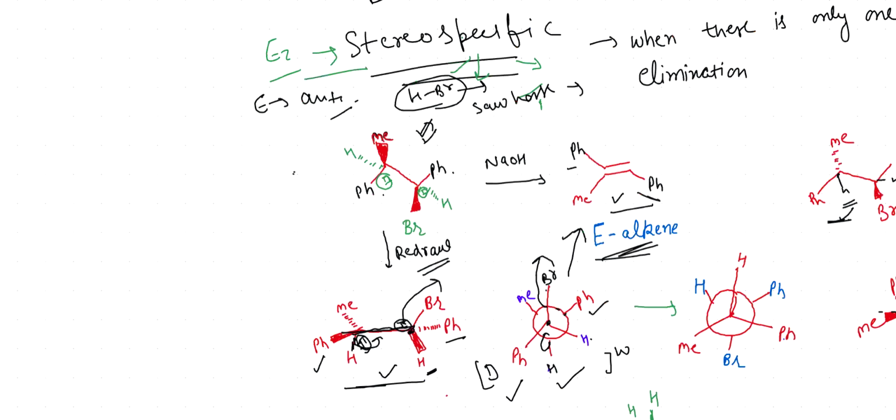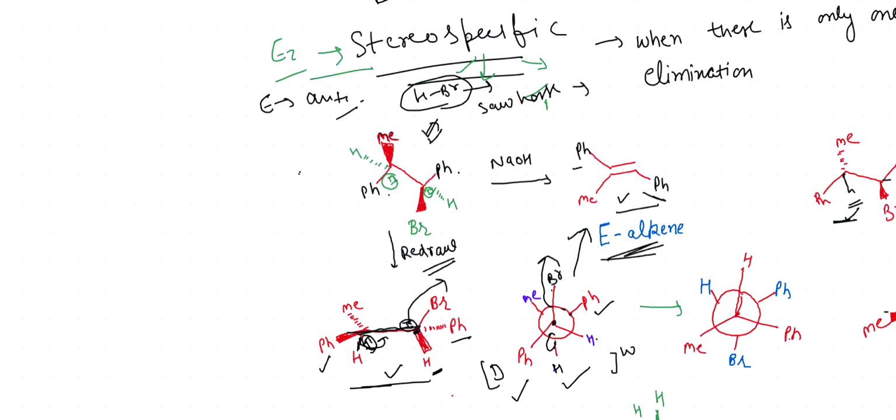Like see in this structure, bromine is at the wedge position. If here bromine is at the wedge position, then when you redraw it, it must be on a solid line, because as this is on a solid line, this should be wedge. The remaining hydrogen should then be on wedge.